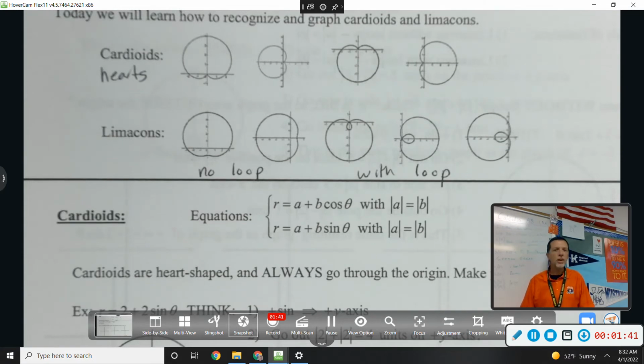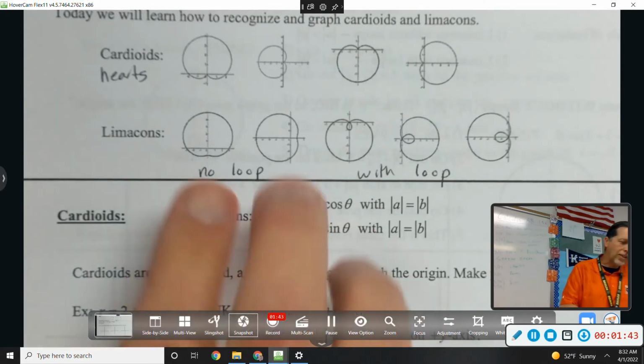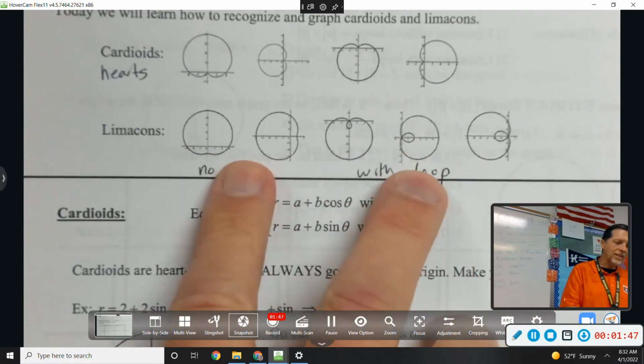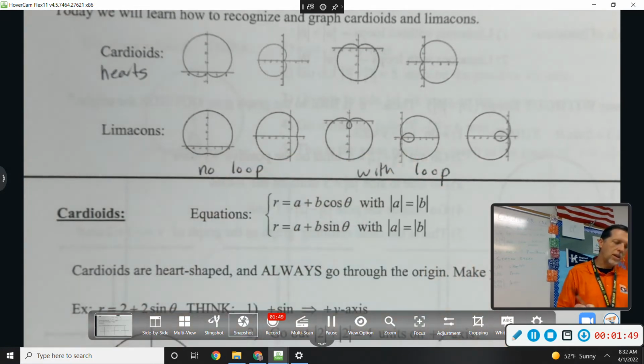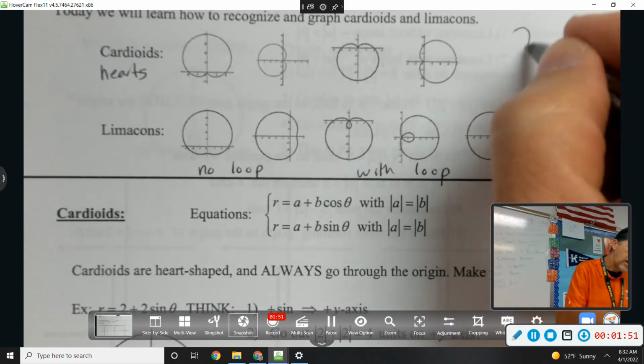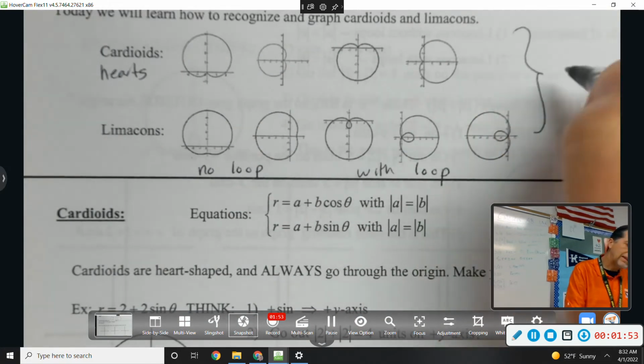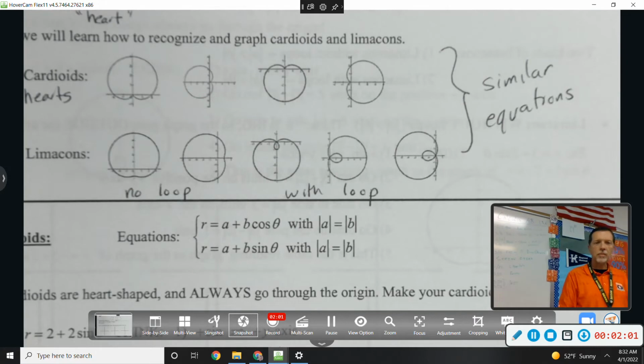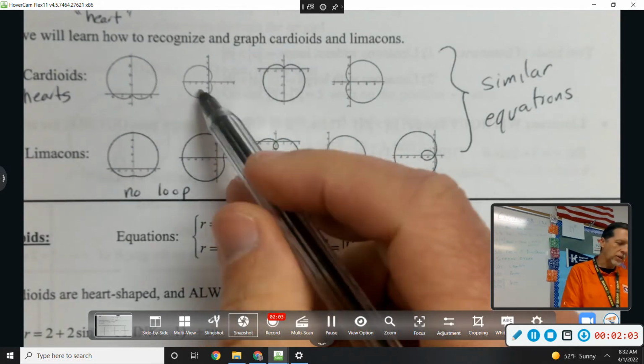You might think, oh, that's 2 separate categories of shapes. Well, not really. It's kind of the same category of shape, and we group them together because they have very similar equations. And maybe that makes sense because their graphs are really similar.